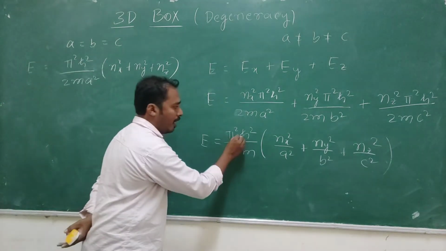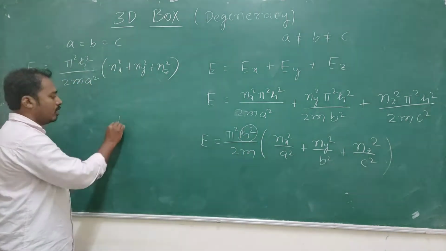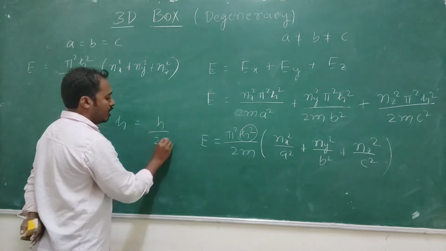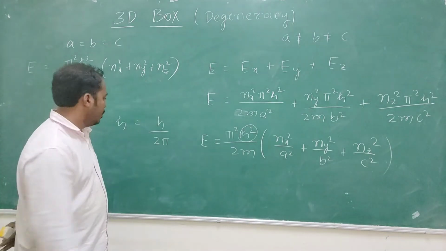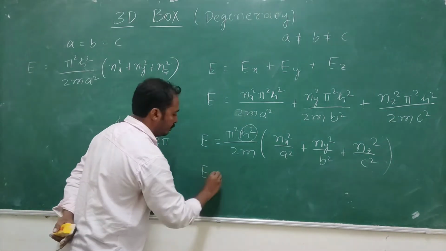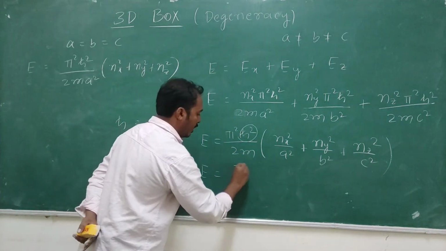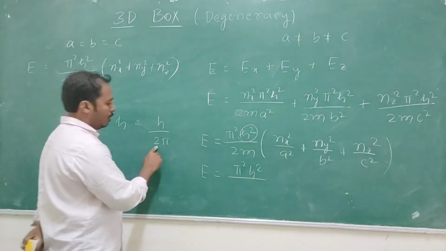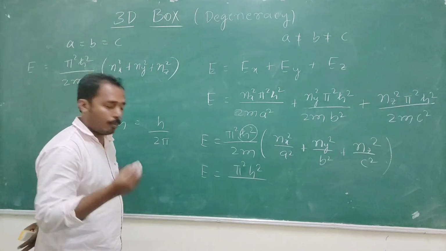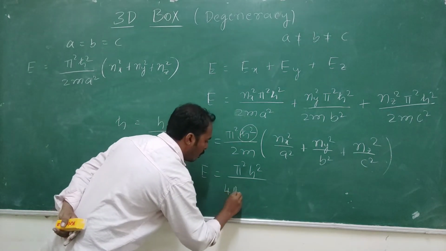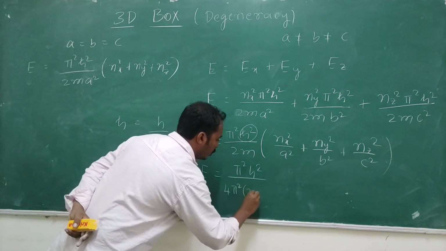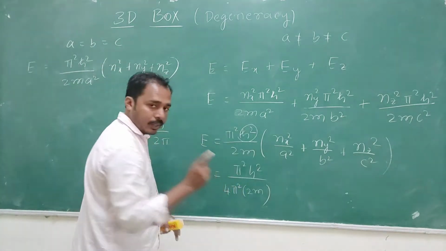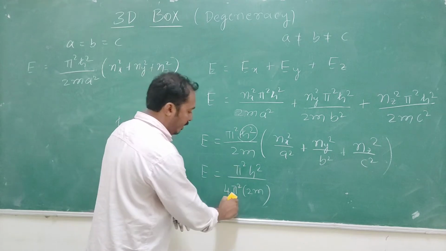So here we have ħ². You know ħ is equal to h by 2π. Substitute this one. E is equal to π² h² divided by 4π² into 2m. So 4 into 2 is 8, and π² cancels.